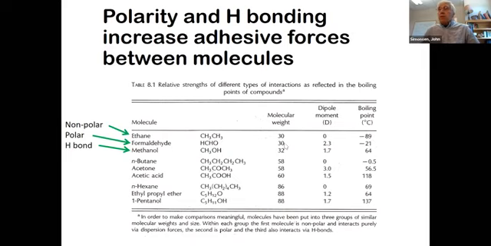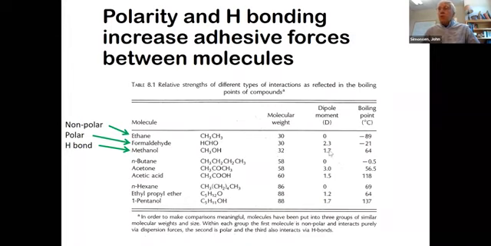Formaldehyde, same molecular weight, but it's got a dipole moment, so it's polar, right? And the boiling point goes up, what, 68 degrees, something like that. So that's enormous. Now you have methanol, 32, almost the same molecular weight.